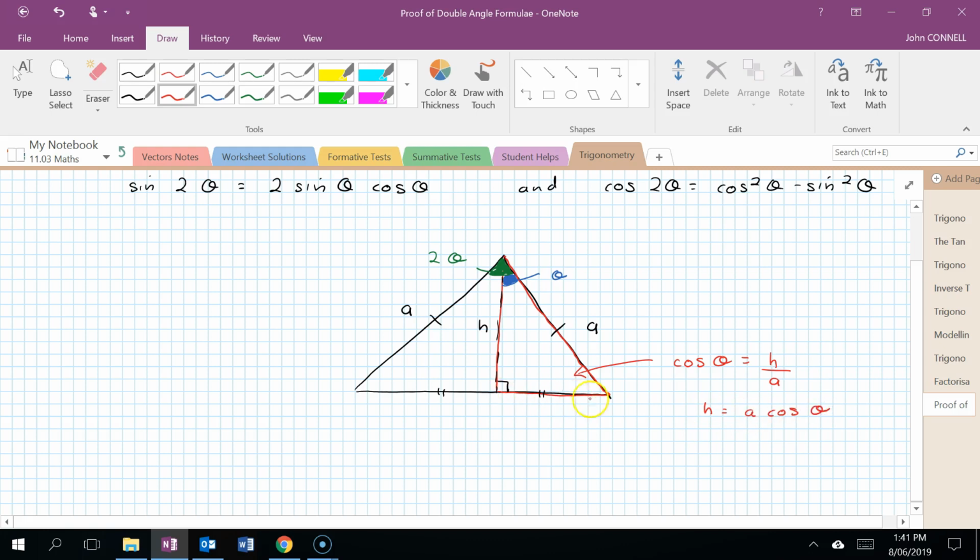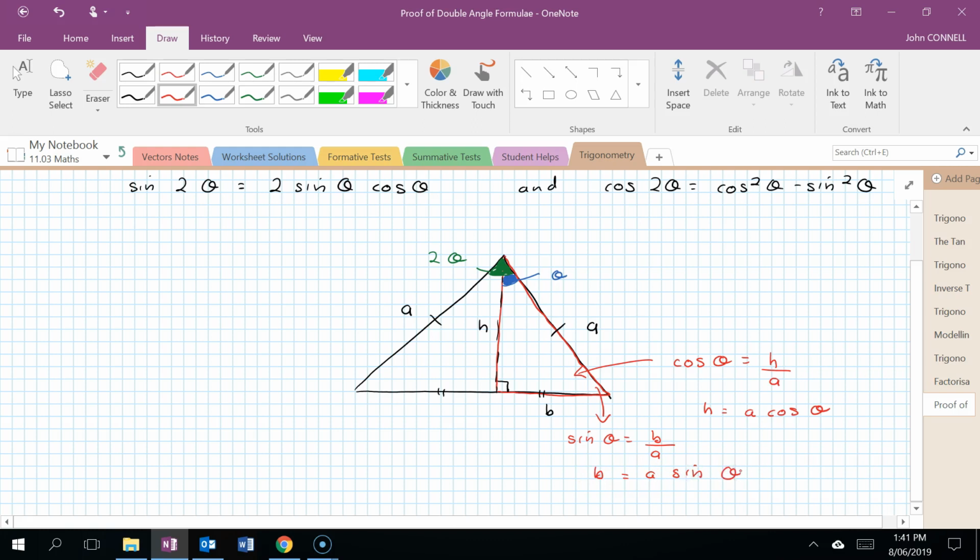Now, half the base, which I'm just going to call B, I can also use right-angled triangles, so I can say that sine theta is equal to B on A, so B is equal to A sine theta.